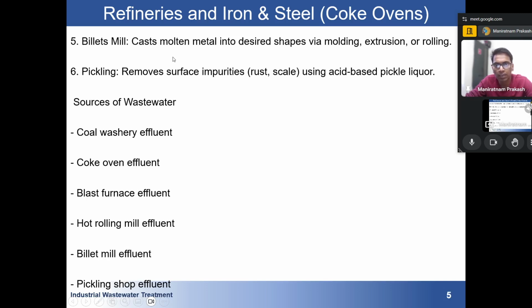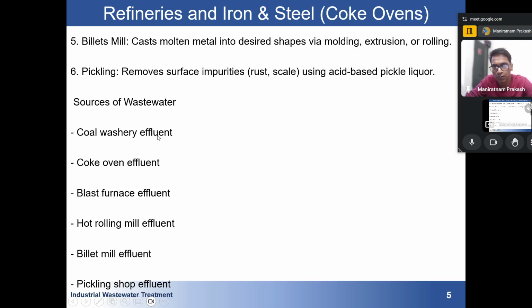So that is the blooming mill. Then we have the billet mill, which casts molten metal into the desired shape by molding, sorting, or rolling. Then we have pickling, which removes surface impurities, rust, and scale using acid, producing waste pickle liquor.